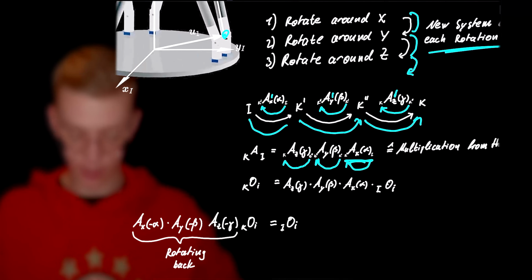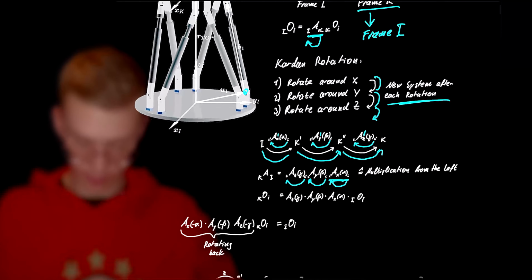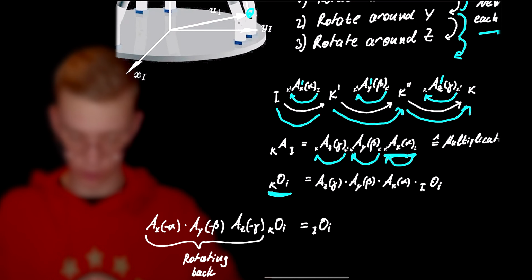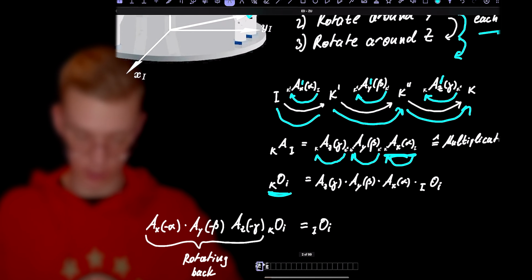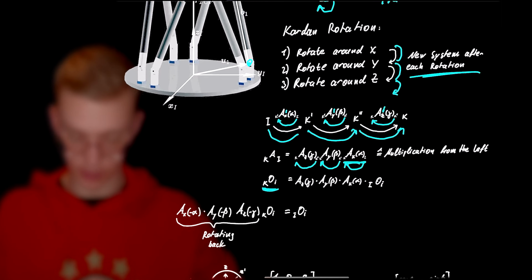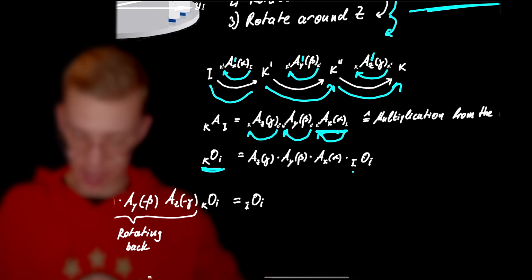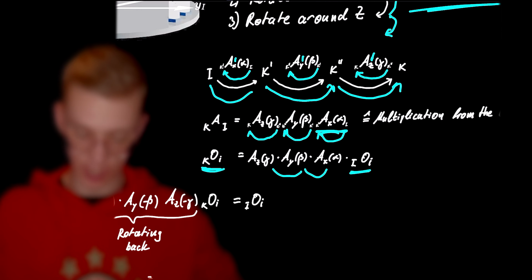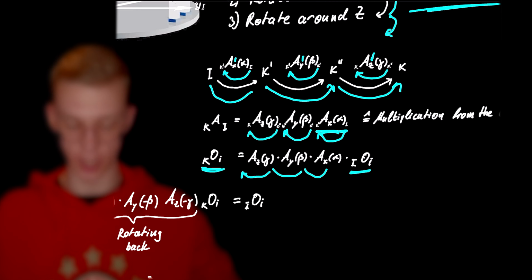And now we can get our vector that we know. So O, in this case O1 K in the coordinate system K, and we got it by having the vector in the inertial coordinate frame and transforming it 3 times with the 3 rotations.